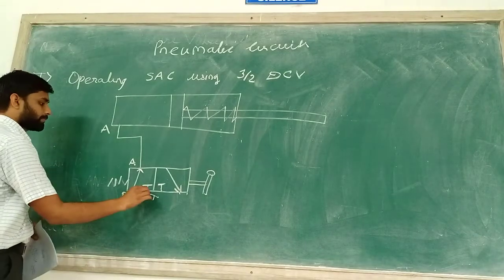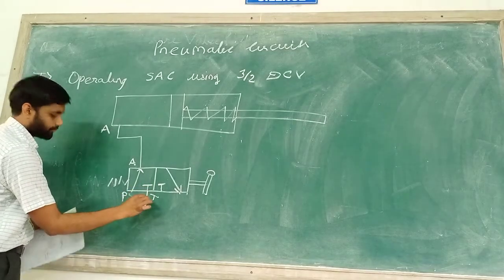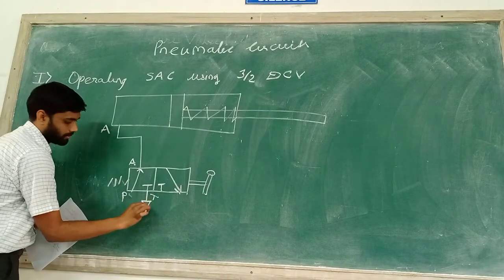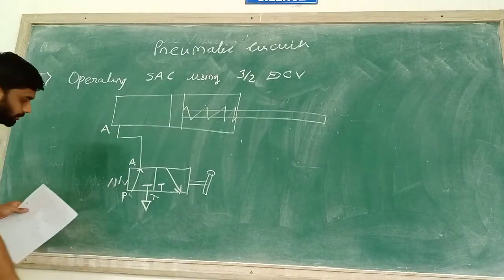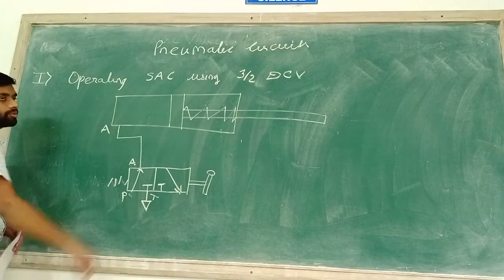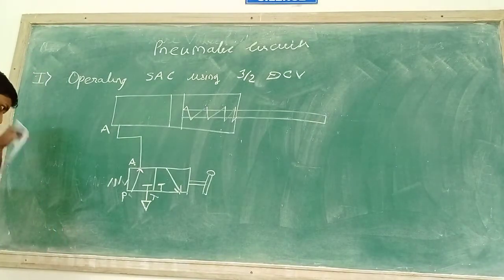Okay. So to make this system soundless, we are going to connect it with the threaded hose. And in that threaded air exhaust hose, we are going to connect the silencer there. Okay.